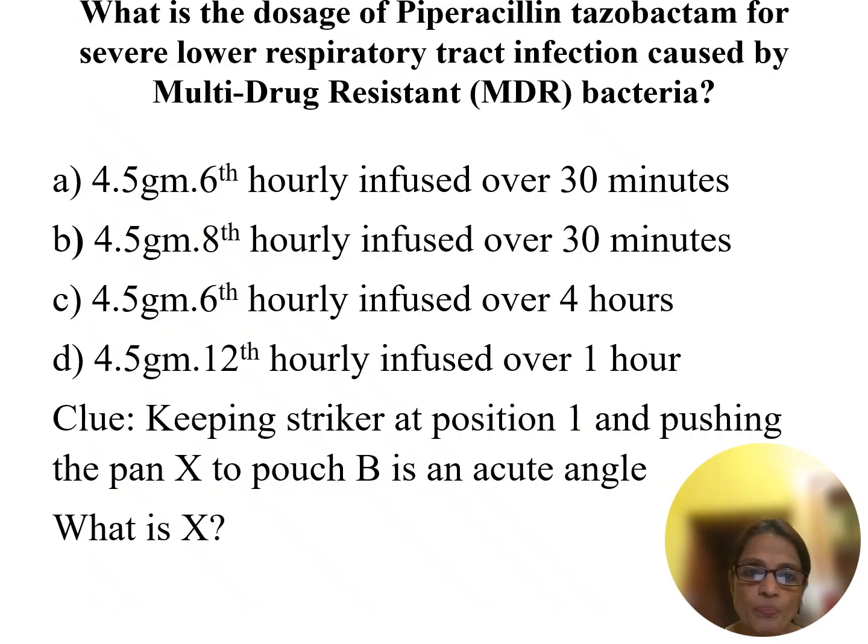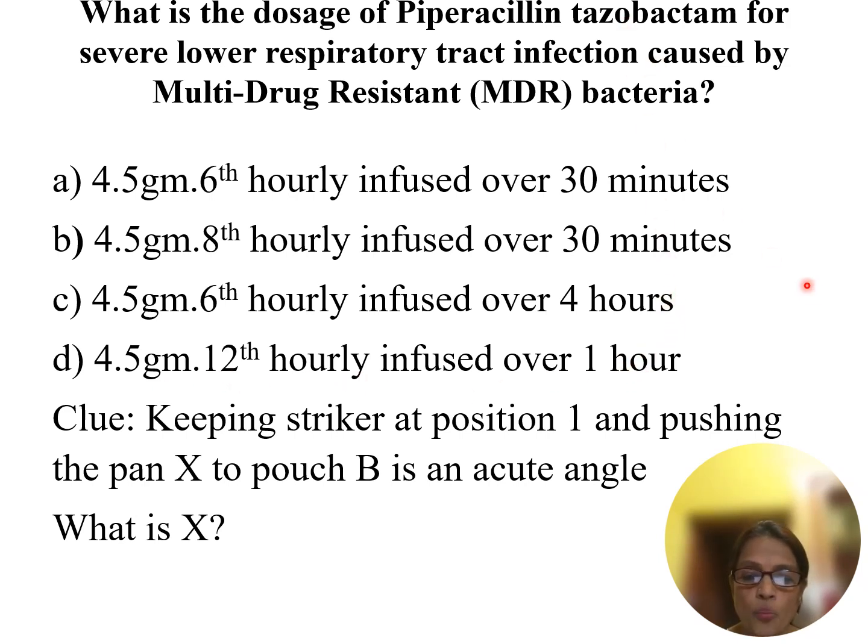Now the next puzzle. What is the dosage of piperacillin tazobactam for severe lower respiratory tract infection caused by multi-drug resistant bacteria? So the options are A, 4.5 grams 6th hourly infused over 30 minutes; B, 4.5 grams 8th hourly infused over 30 minutes; C, 4.5 grams 6th hourly infused over 4 hours; Number D, 4.5 grams 12th hourly infused over 1 hour.